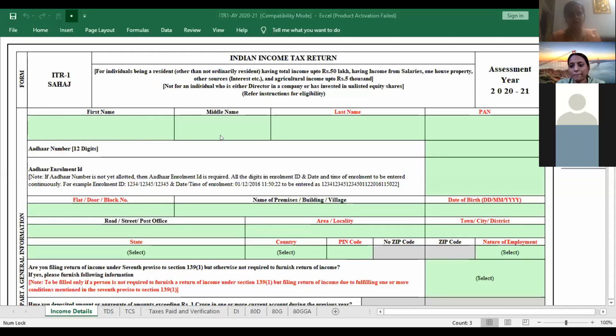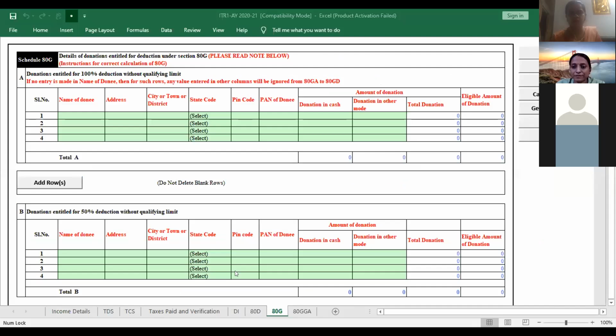So for any donation given, maybe 1 day salary, 2 day salary, whatever amount, for any amount of donation, you need to get an 80G. I hope the link is visible. Yeah. So it is over here, this sheet, 80G. Okay. Next question. I hope it is clear.